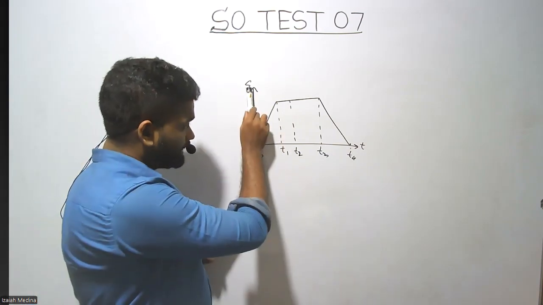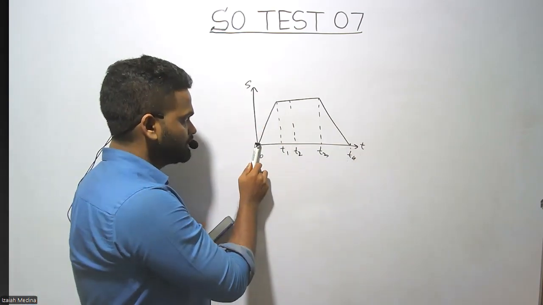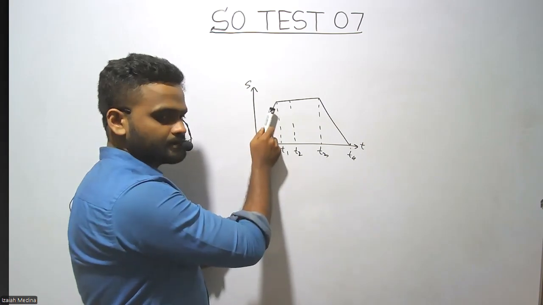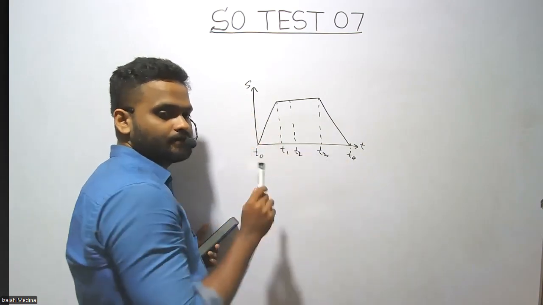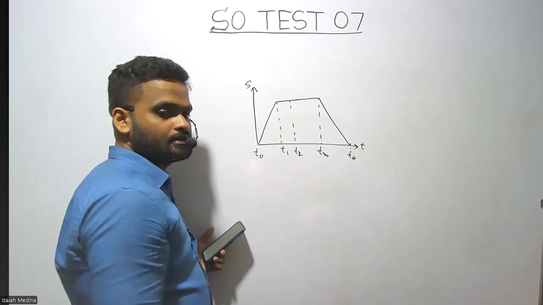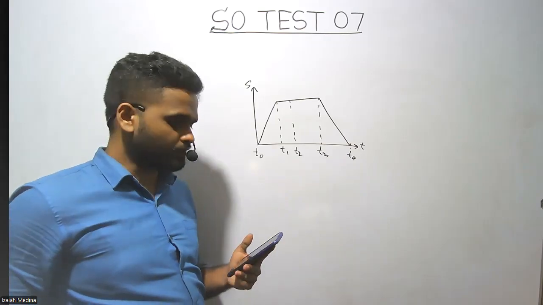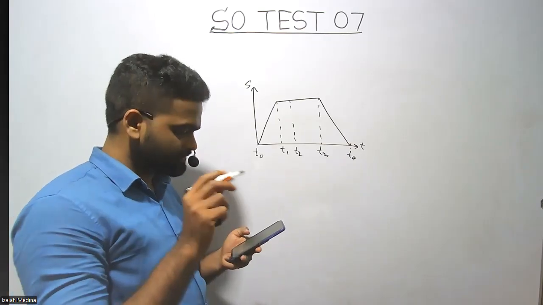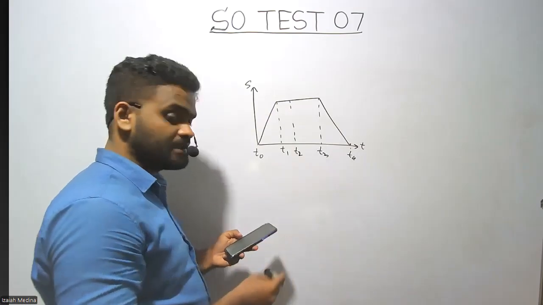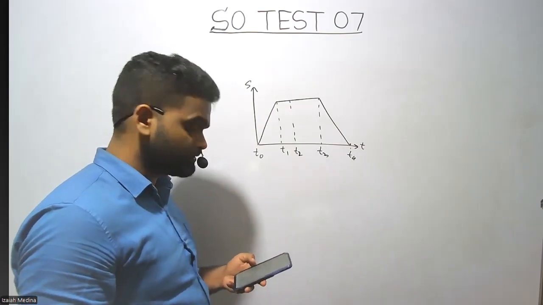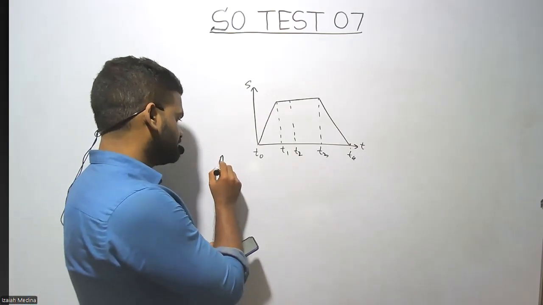But this is an ST graph, so it has a constant gradient. The gradient of an ST graph is velocity. So the velocity is constant there, not the acceleration. So it is wrong, right? It doesn't matter whether the second part is correct or not. A is wrong.